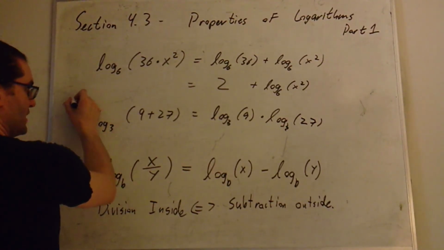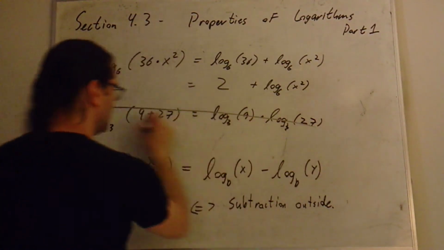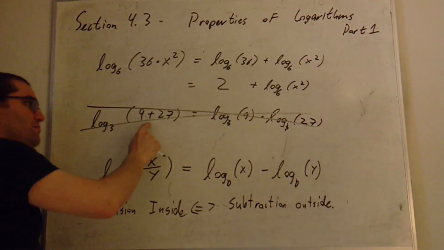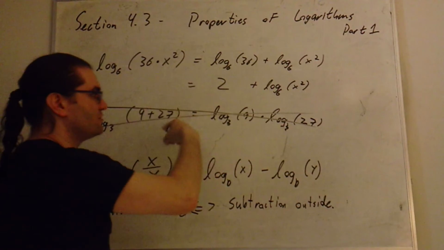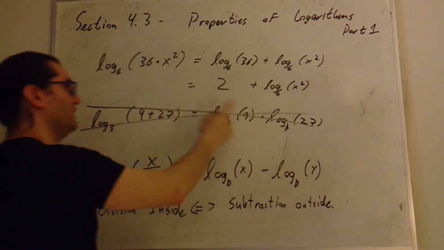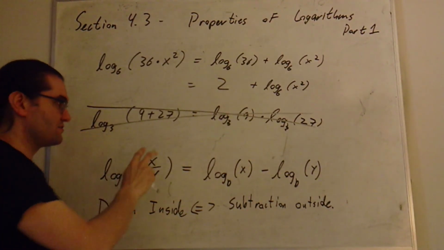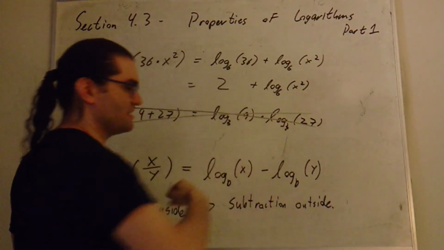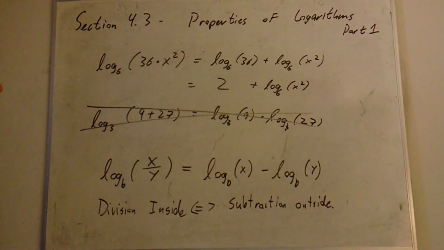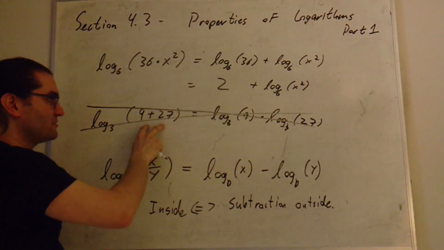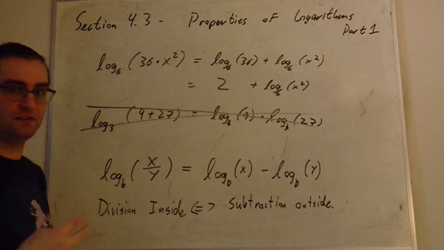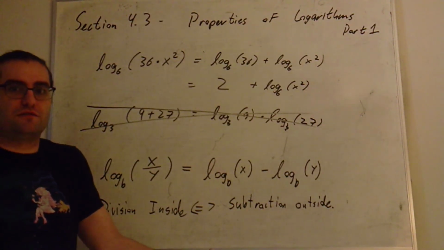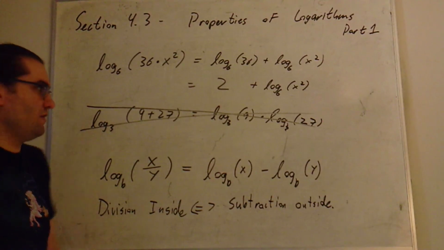This is bad math. If I had multiplication inside, I could turn that into addition outside. The opposite isn't true. You can't turn addition inside into multiplication outside. It doesn't work like that. There is no property of logs to help you simplify addition inside. If you have addition inside of a log, that's it. You're done. There's nothing you can do. Leave it alone.